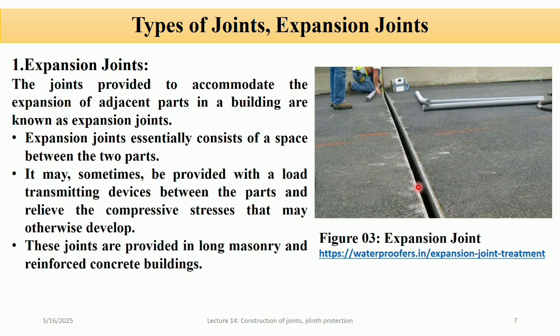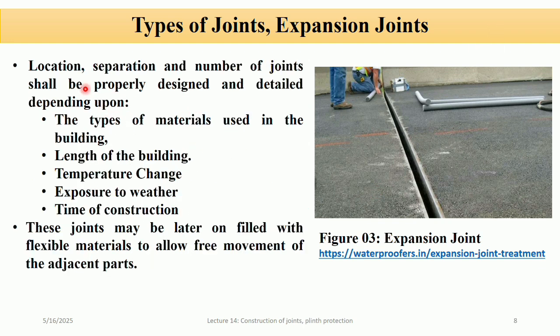Without expansion joints, the structure cannot expand freely, and compressive stresses build up at certain points. These stresses can lead to cracks in walls or slabs, buckling of structural members, and long-term damage to the building.